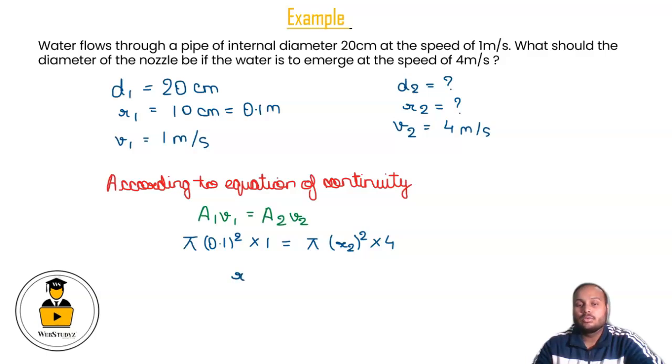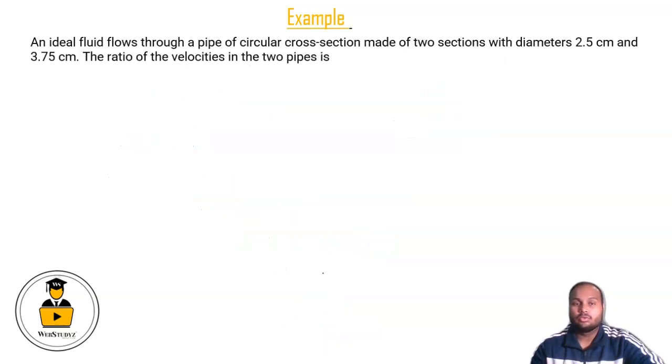We will get r2 equal to square root of 0.1 square into 1 divided by 4. This will be equal to 0.05 meter, or if we convert this to centimeter, we get 5 centimeter, which is our correct answer.